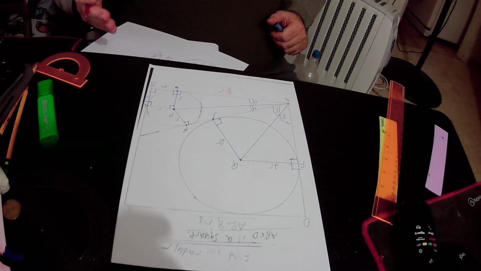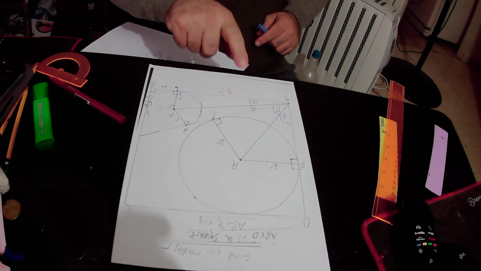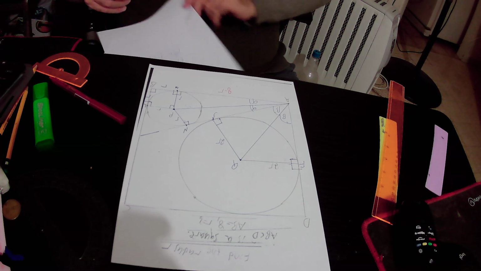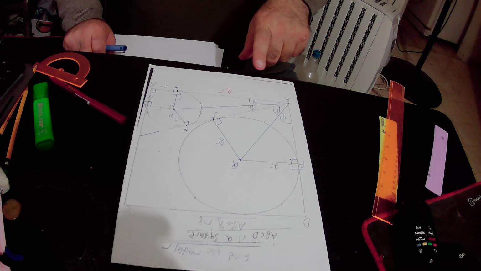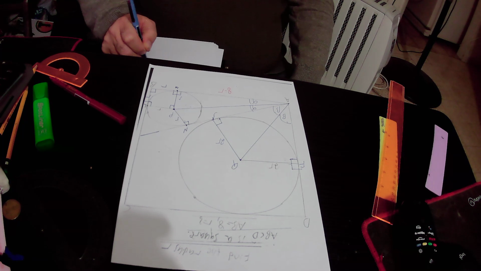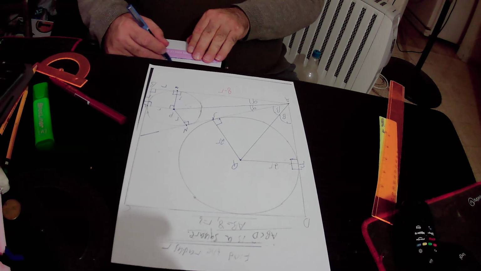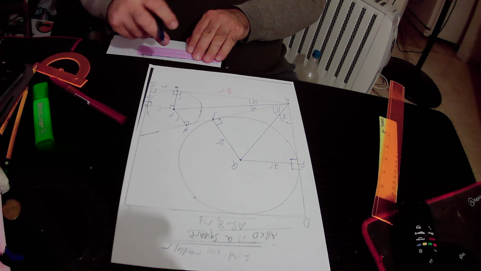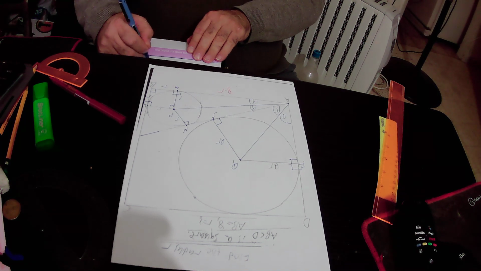So now we can calculate the value of tangent alpha. In triangle AMP, tangent alpha equals MP over AM.